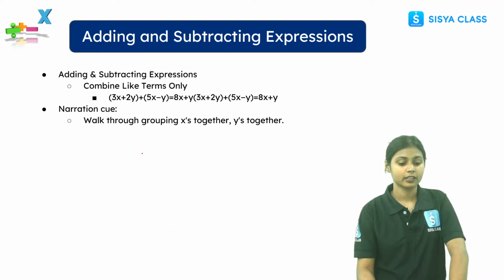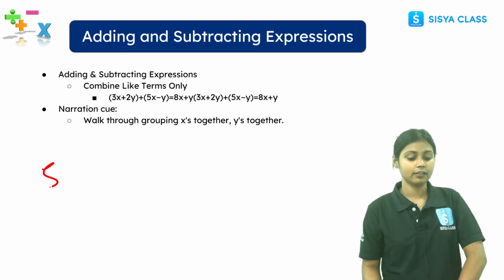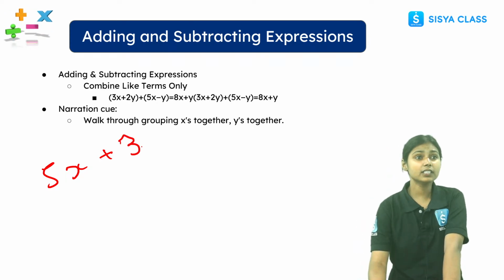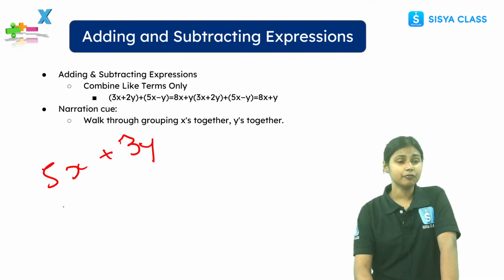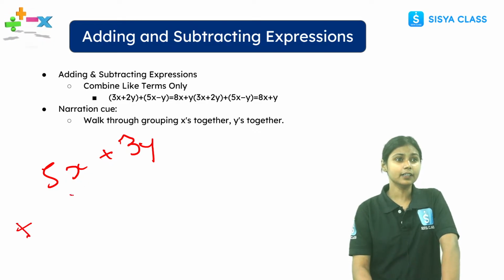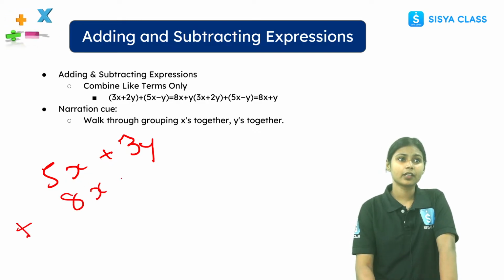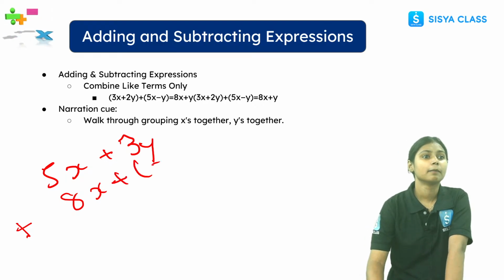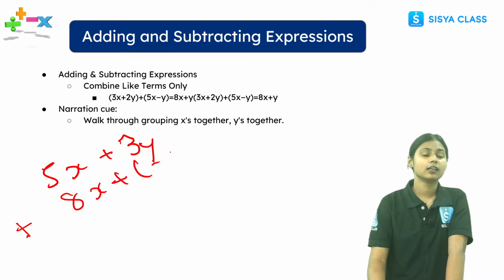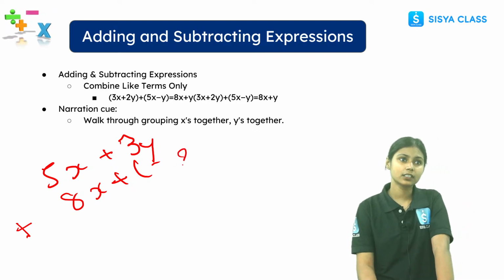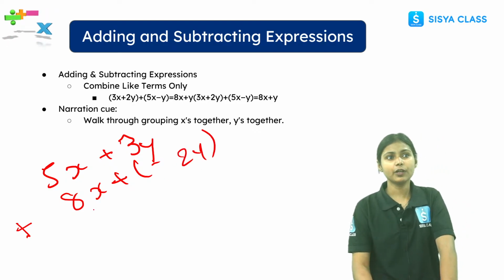Okay. Let's think of it like 5x plus 3y, and we have to add it to 8x minus 2y. Then how are we going to do it?